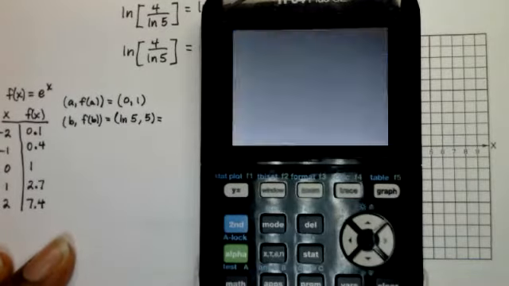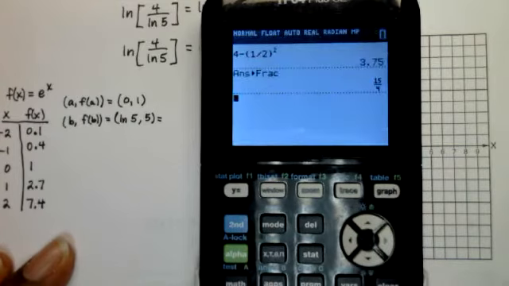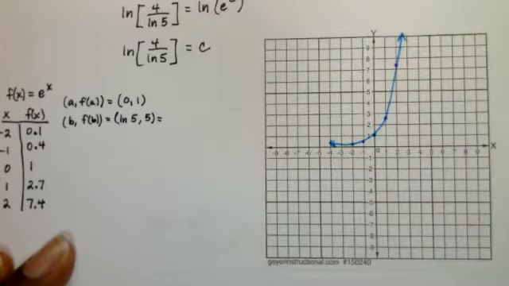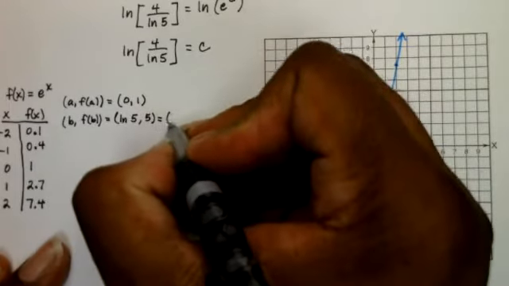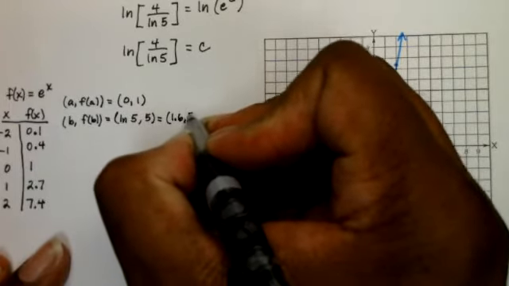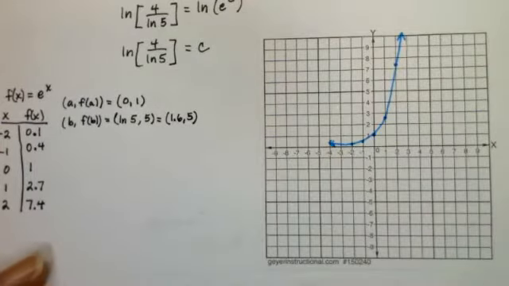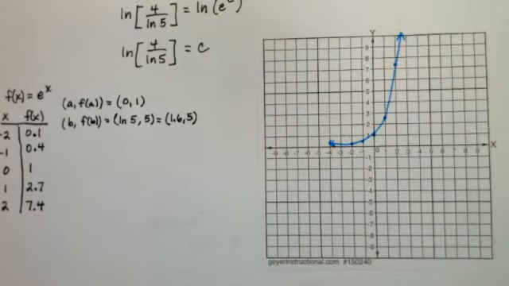All right, so let's go to the home screen. If I do ln of 5 on the calculator, to one decimal place, that'll be approximately 1.6. So my ordered pair would be approximately 1.6 and 5, since ln of 5 is a constant.